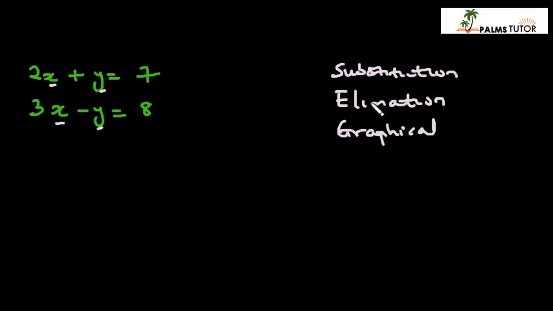So now, by substitution, the first thing you need to do is to label your equations. Name them. Let's call this equation 1 and this equation 2 so that you don't get confused. After we have labeled our equations, the next thing is to pick an equation and make one of the unknown variables the subject of the formula.